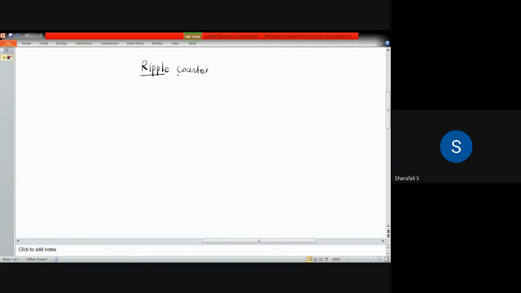Ripple counter or asynchronous counter. In this case, we will not connect the clock pulse to all the flip-flops. Only for the first flip-flop we will connect the clock pulse, and for the remaining flip-flops, the clock pulse will be given as the output of the previous flip-flop.